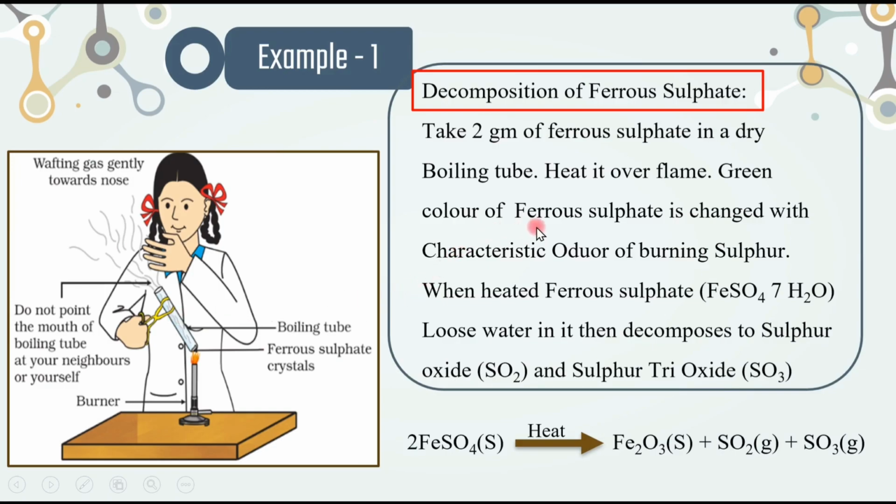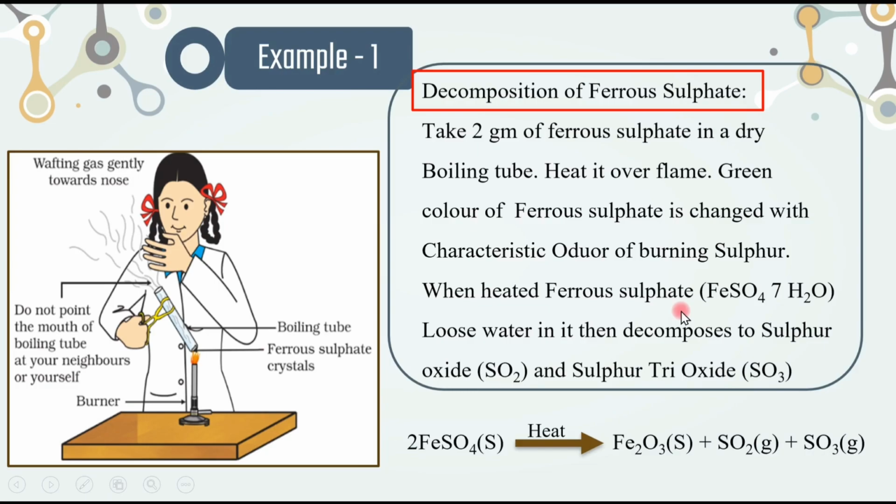The color of the ferrous sulfate changes, and at the same time a characteristic odor of burning sulfur is emitted. Ferrous sulfate contains water molecules, and these water molecules are given out.